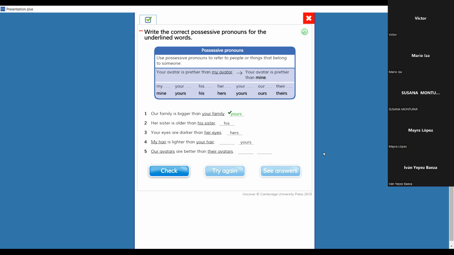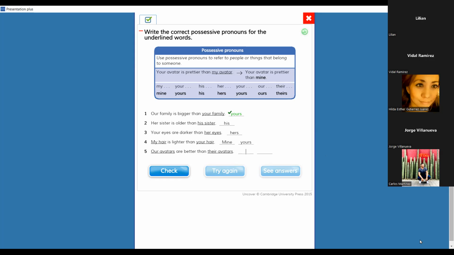Yes. Y es que mine me suena muy raro, pero dije, ¿será o no será? No, you're right. So we would say, instead of my hair is lighter than your hair, mine is lighter than yours. Si yo ya sé que estoy hablando de cabello, puedo decir, el mío es más claro que el tuyo. Listo. That's it. Thank you. You're welcome. Well done.